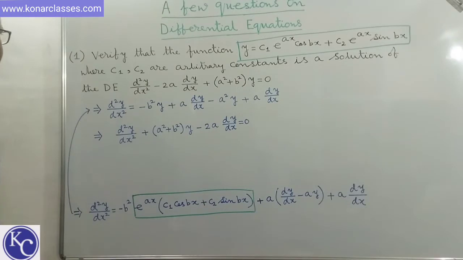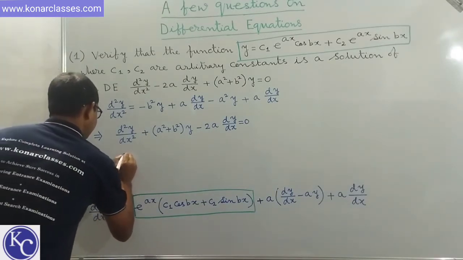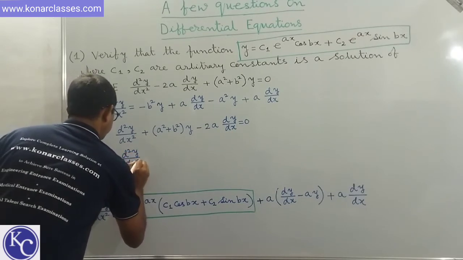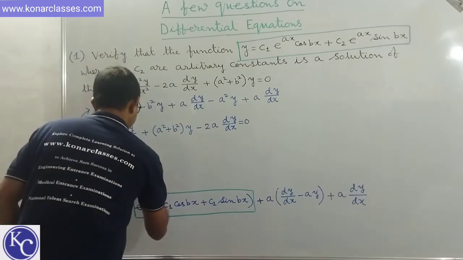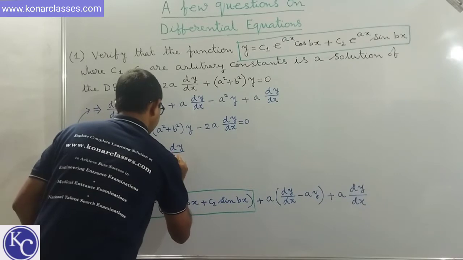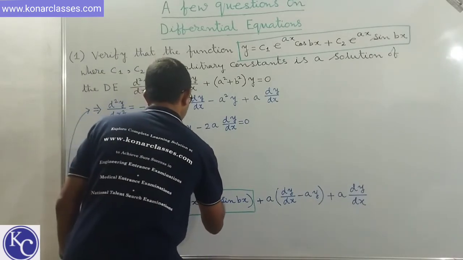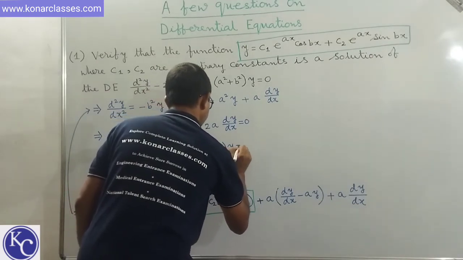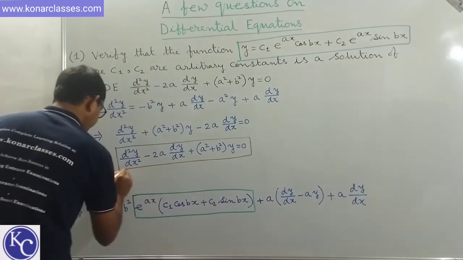We got it. So finally, d2y/dx2 minus 2a dy/dx plus (a square plus b square) into y is equal to 0. This is what we actually wanted to prove, correct?